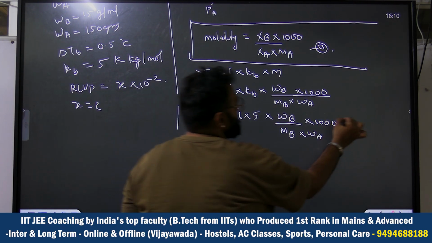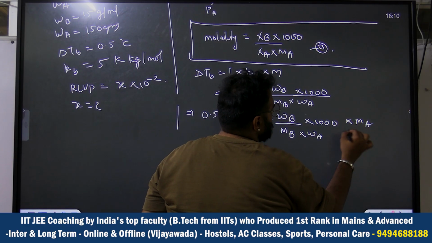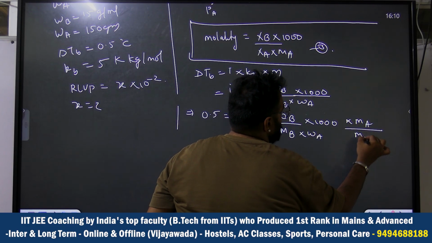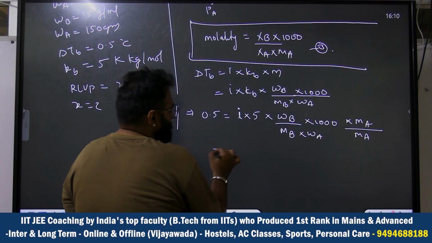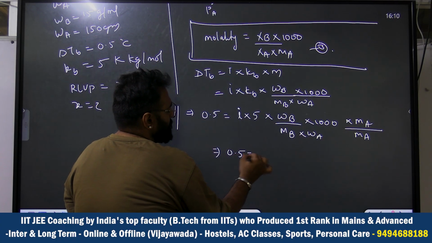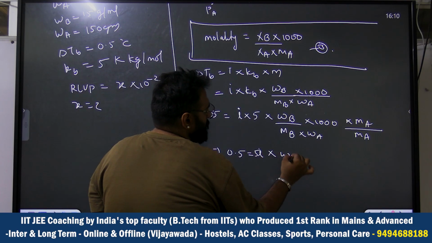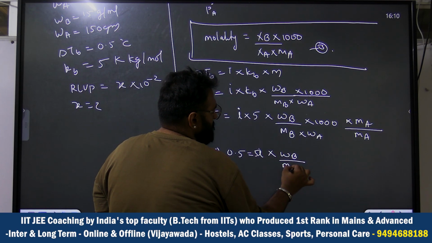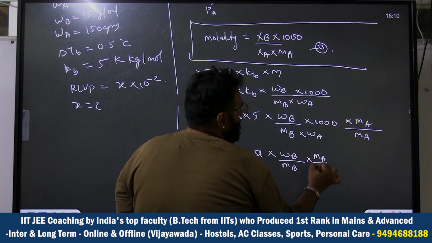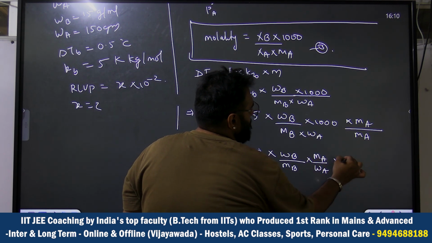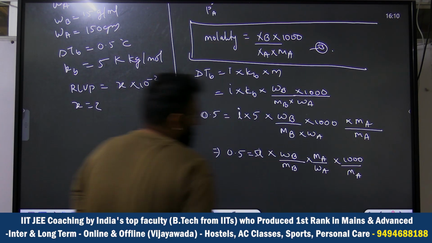If I multiply by molar mass of A and divide by molar mass of A, can I rewrite this equation as 0.5 is equal to 5I into weight of B upon molar mass of B, into molar mass of A upon weight of A, into 1000 by MA?